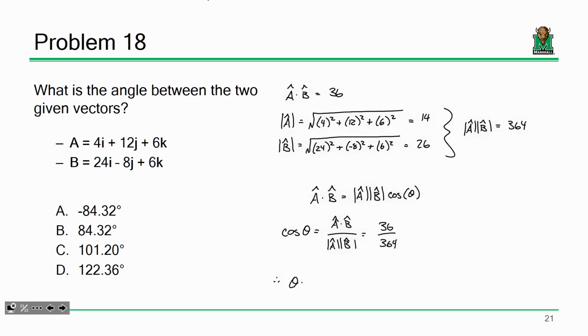So theta is the inverse cosine of 36 over 364, which is what? Oh, you've got to be in degrees. You could take your answer, multiply it by 180, and divide by pi. You could do that.